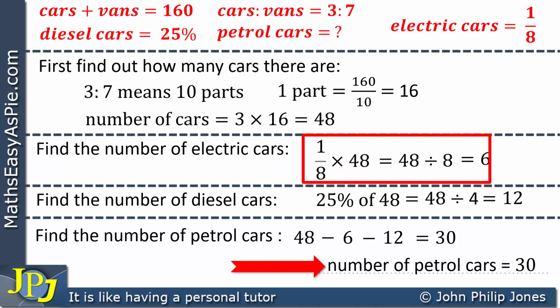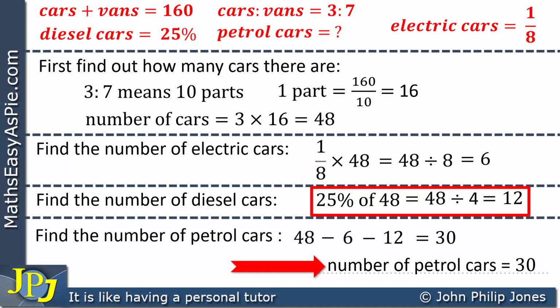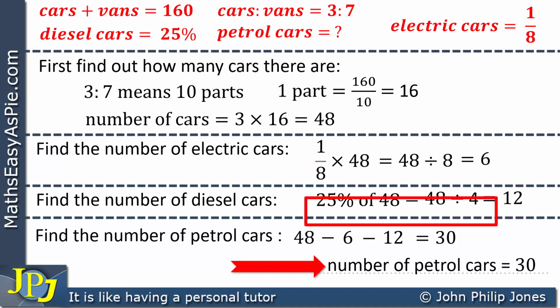Then here you can see that you've took 1/8 of that 48, and here you've then took 25% of 48, and you've used all the numbers you've calculated here to subtract from the 48 the number of electric cars and the number of diesel cars, and you end up with the result of 30. Obviously, if you put the text in, it'll be easier for the examiner to follow your working. So it's up to you. I would put some text in and say what each step actually was and write it out as neat as you can.